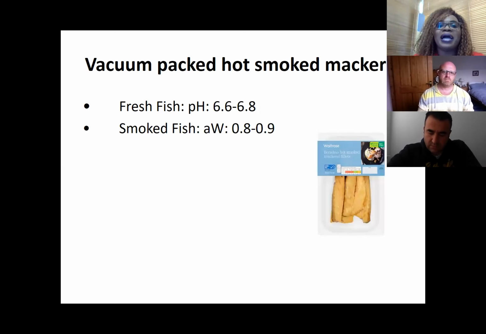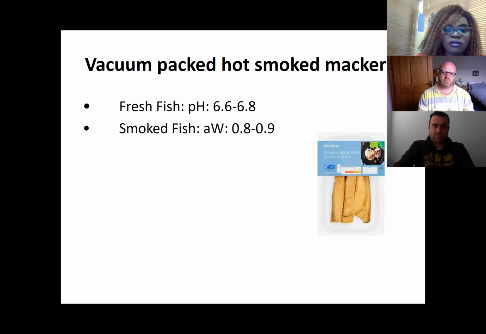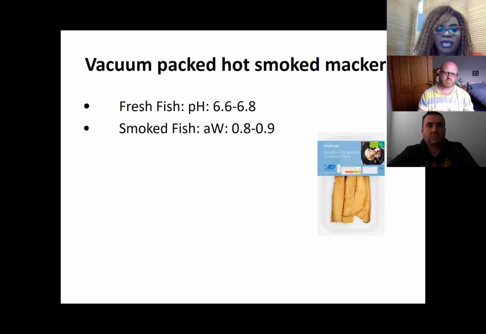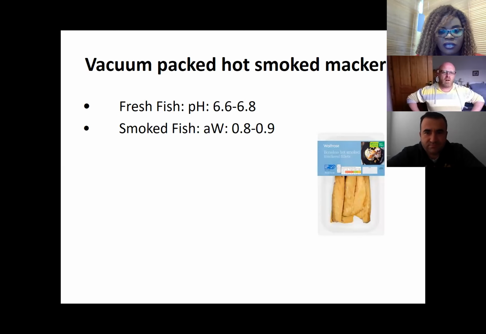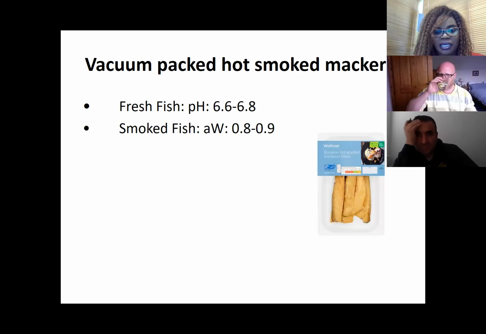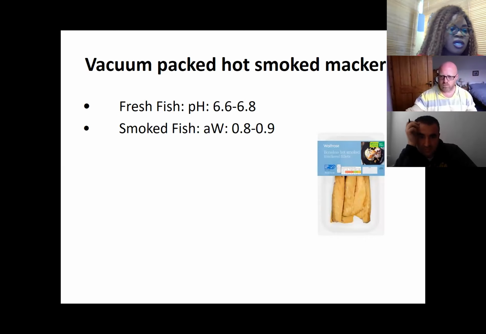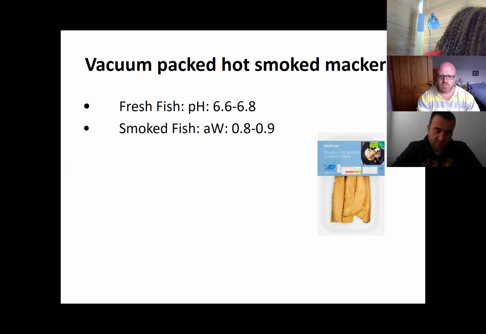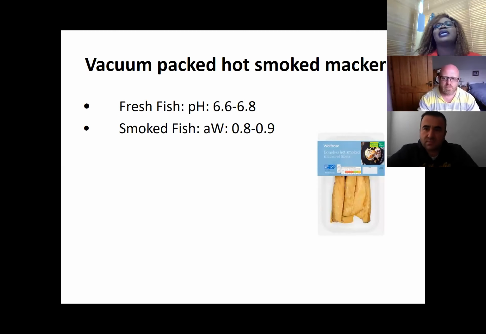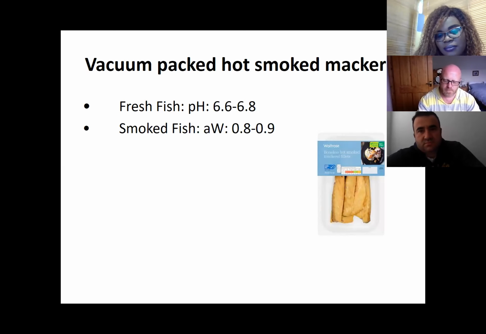So we have a vacuum packed hot smoked mackerel. It's fresh fish with pH 6.6 to 6.8. They have smoked fish, water activity 0.8 to 0.9. What pathogen is most likely going to contaminate this, if there is any?